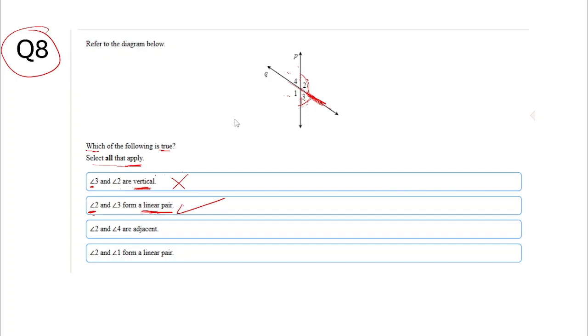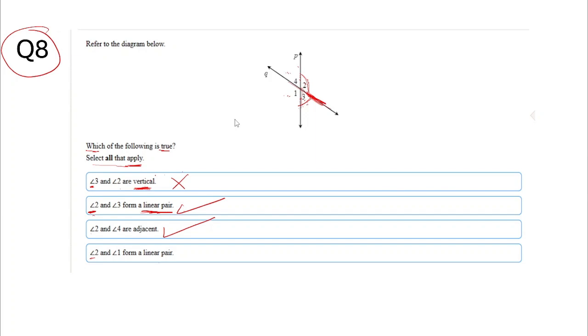Okay, angle 2 and angle 4 are adjacent. What we said about adjacent angles is that they have a common ray. So 2 and 4 have the common ray, so this answer is correct. Okay, angle 2 and angle 1 form a linear pair.